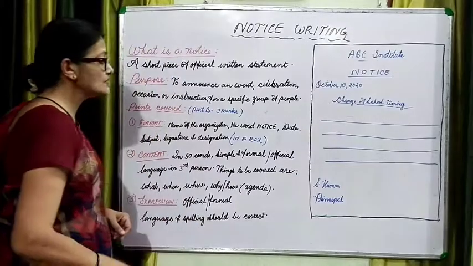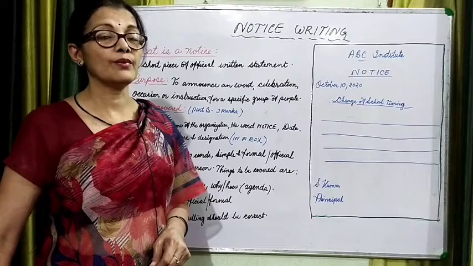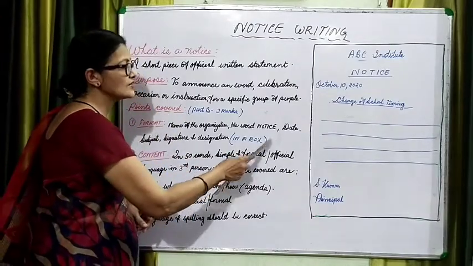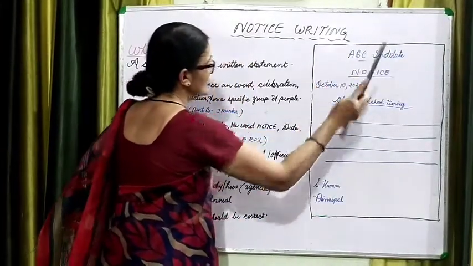And one thing we should not forget, which is prescribed by the CBSE board, is that it should be in a box. That is a part of your format. That's why I have drawn a box here.